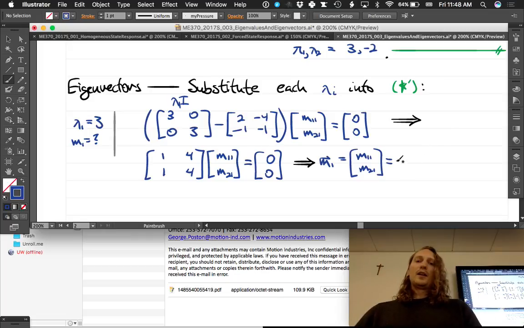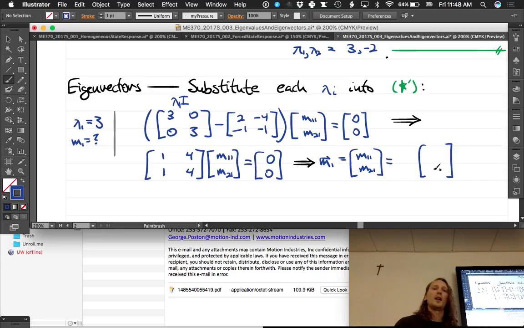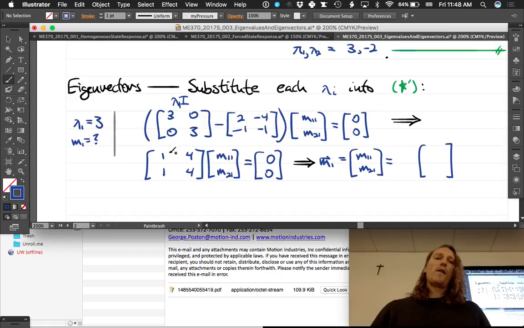So I'm going to leave a little space here, and I'm going to draw my column. So I need to put two values in. Now, let's try to satisfy the first row equation first. So say M11 was -4.